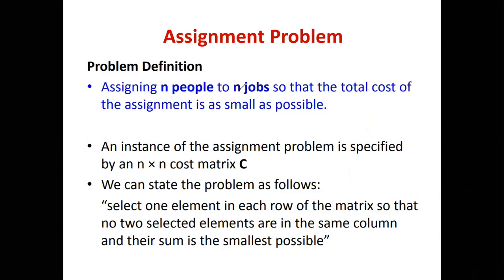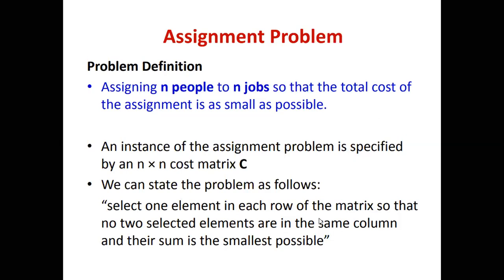Now we'll start taking one problem for which we are trying to apply our branch and bound approach. So what is the problem over here? It is an assignment problem. So what is this assignment problem? The problem definition of an assignment problem is: we have n number of people and n number of jobs. We need to assign each and every person with one job.